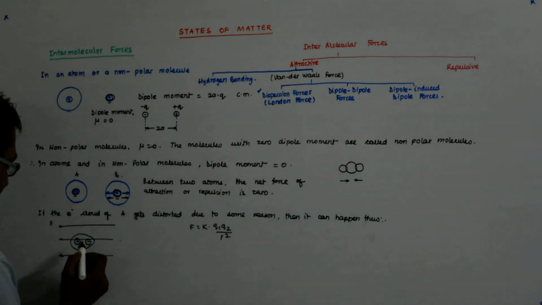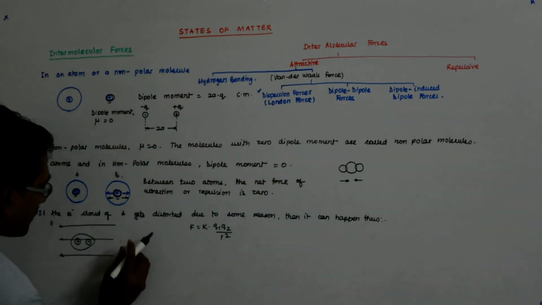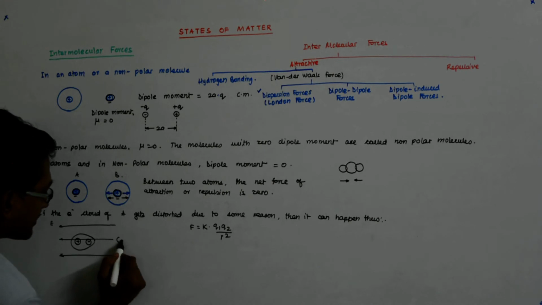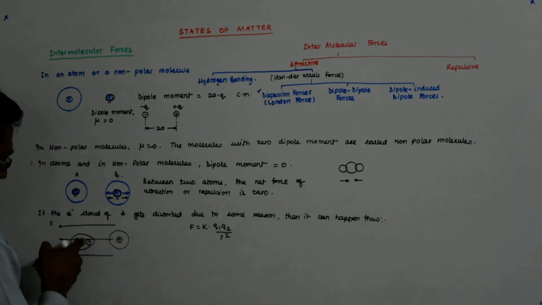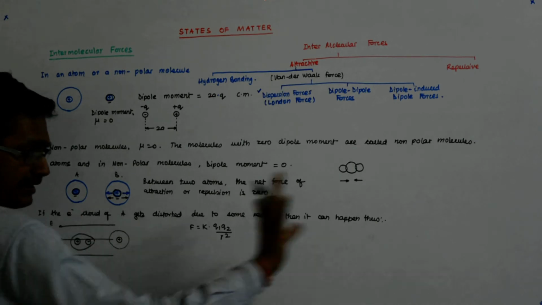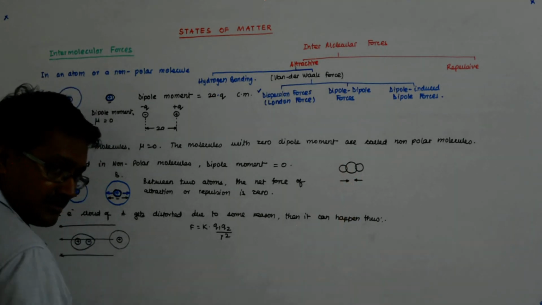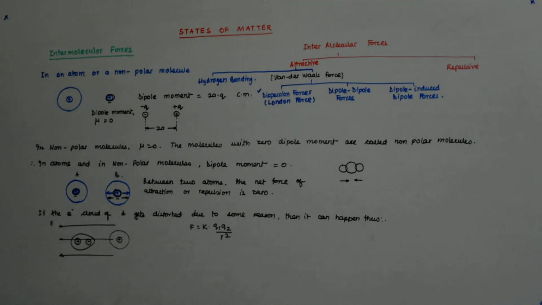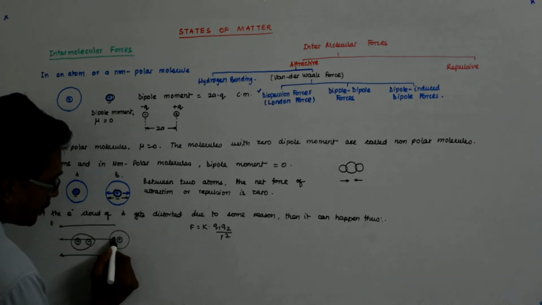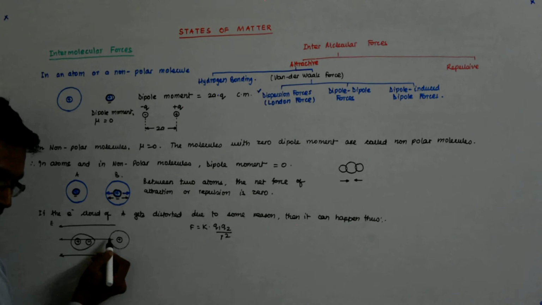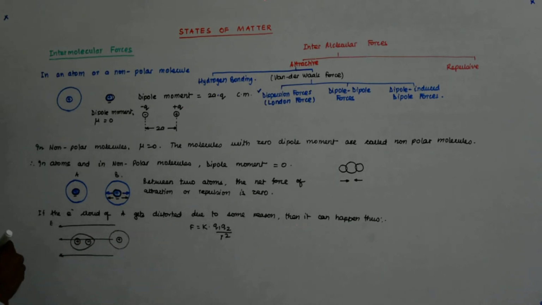So what happens? This atom was something like this. Suddenly, this has more impact on the negative, so it'll push the negative away. Why? Because here the likes repel. So it'll push it like that. So this gets pushed and this gets pulled to this side. So what happens ultimately?